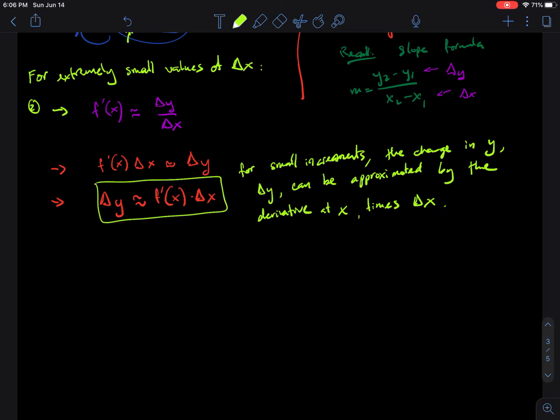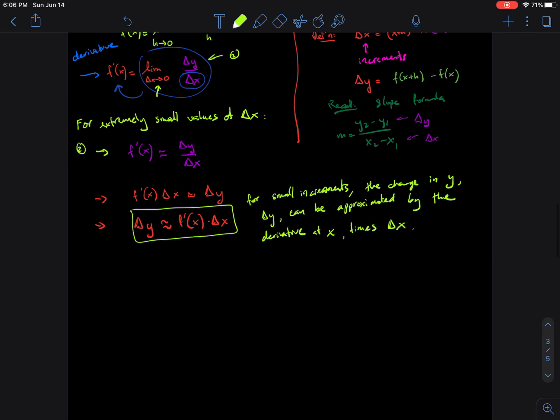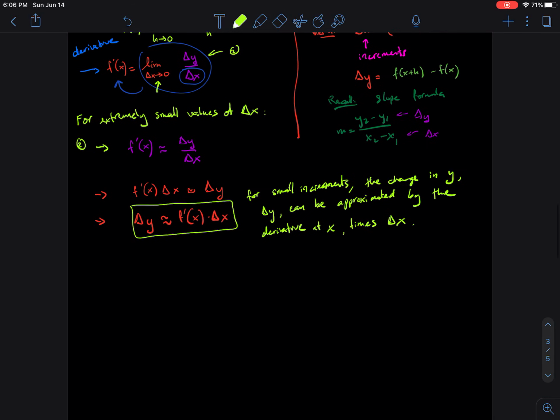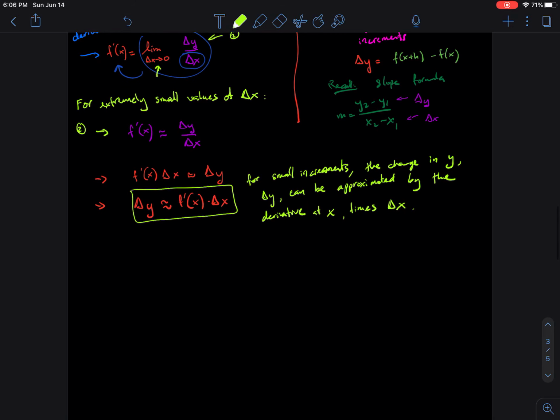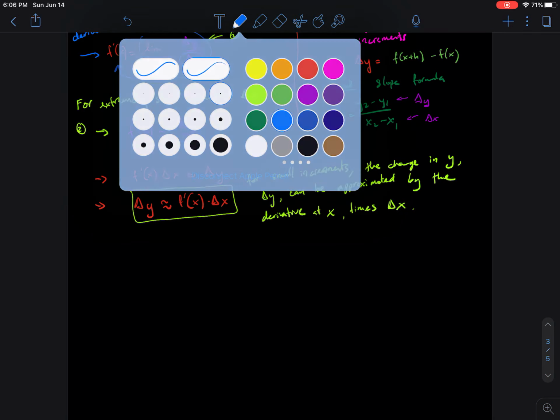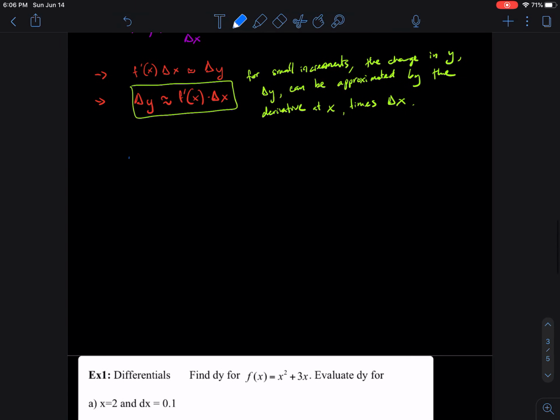Now I'm going to draw you guys a picture. Hopefully with this picture it makes sense of what I just wrote in terms of the math there. Suppose I have a graph, and the graph looks like this. Here's my f.